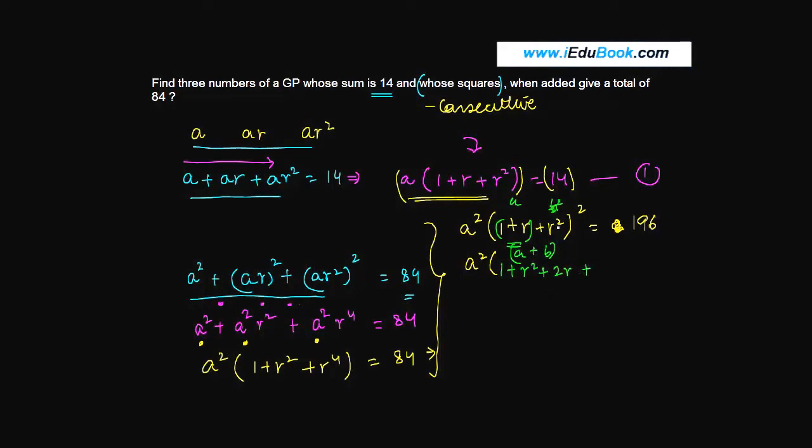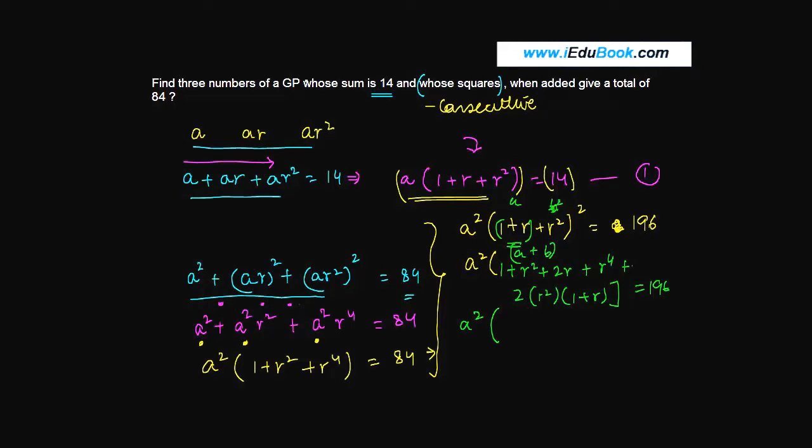B is r square, so you get r^4 plus 2AB, 2 into r square into 1 plus r. Does it solve the problem? No. So we need to do certain further juggling.